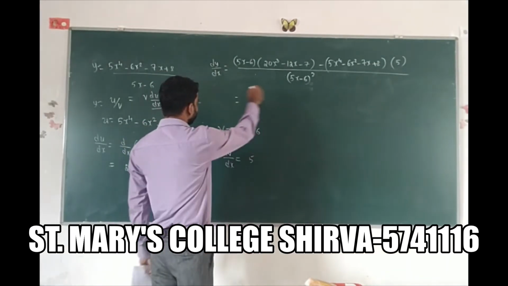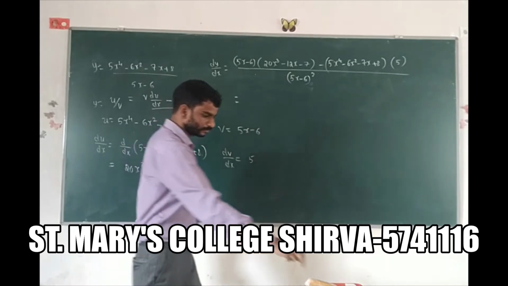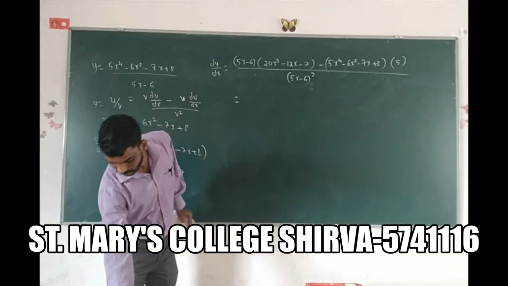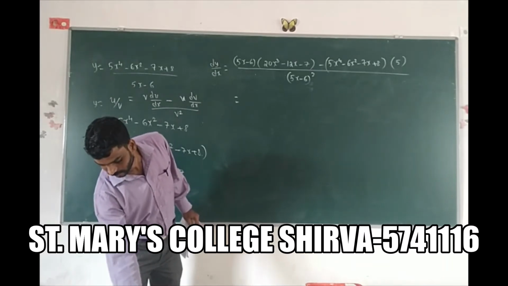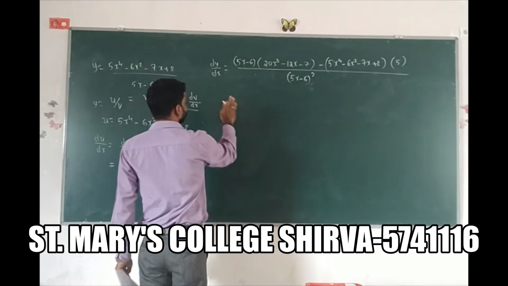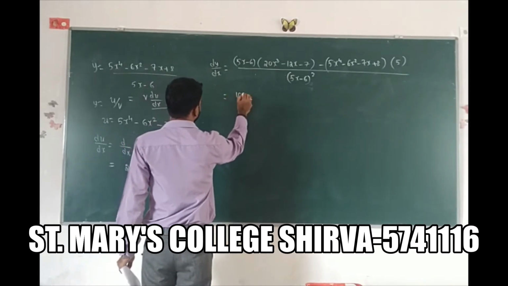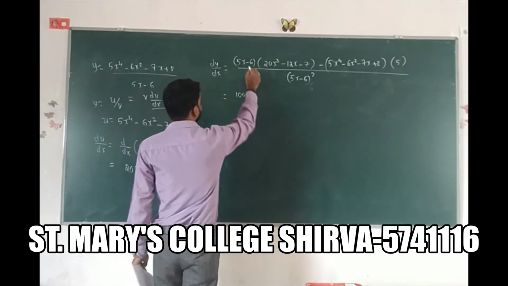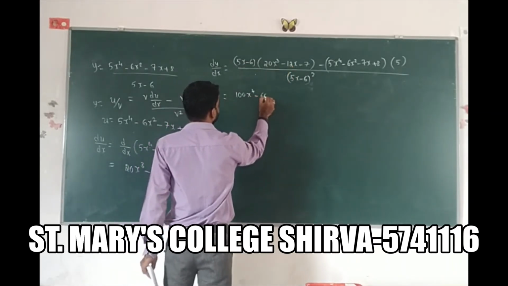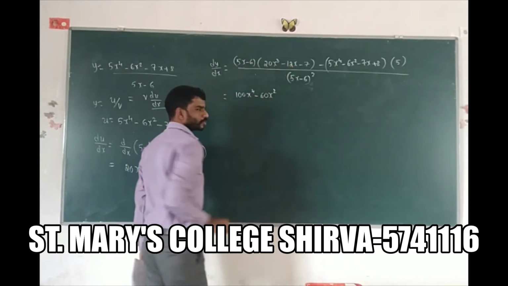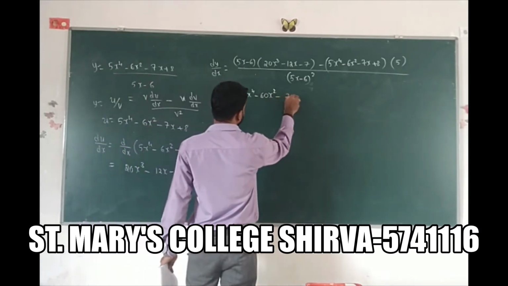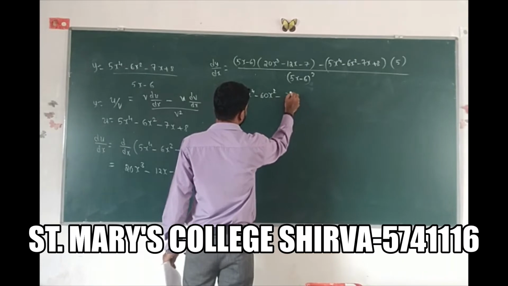Okay, now multiply. 5x into 20x cube is 100x power 4. 5x into minus 12x is minus 60x square. Then 5x into minus 7 is minus 35x.